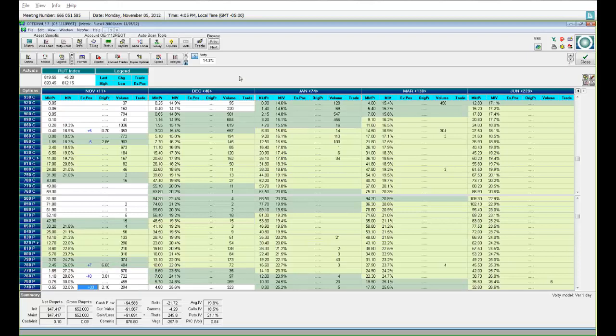Don't worry about what that means right now. But I want you to understand that this column is existing position. See, EXPOS. This is my position right now. Don't worry about how many the numbers are. I just want to show you something.